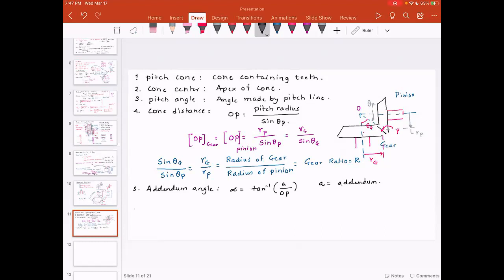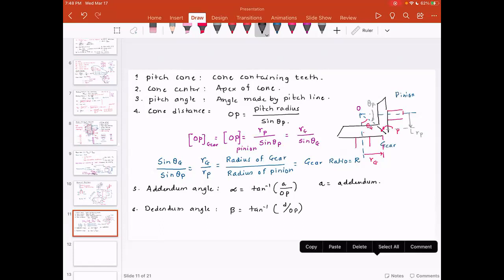Similar to the addendum angle, we have a dedendum angle, where D is the dedendum.